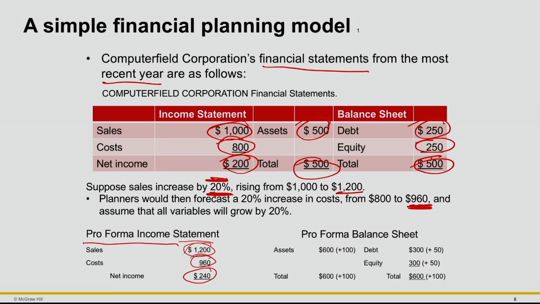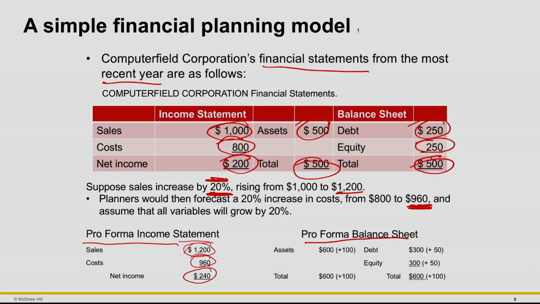We can also construct our pro forma balance sheet with one additional assumption, which is not stated on the slide, but we're assuming that we're going to increase all of the assets by the same amount as sales. In other words, the underlying assumption here is that our plant, property, and equipment is at 100%, and that we can scale up all of that by 20%, including both current assets as well as long-term or fixed assets.